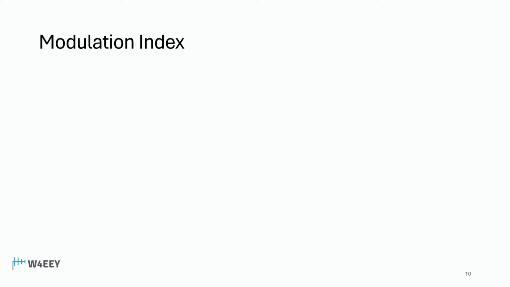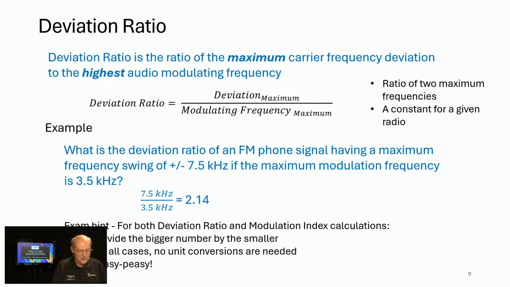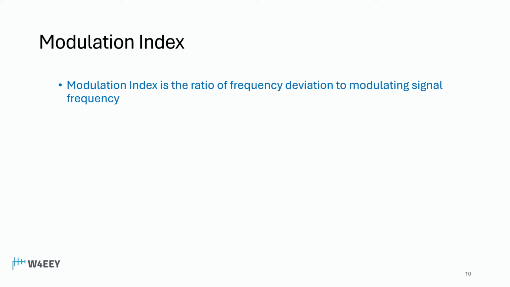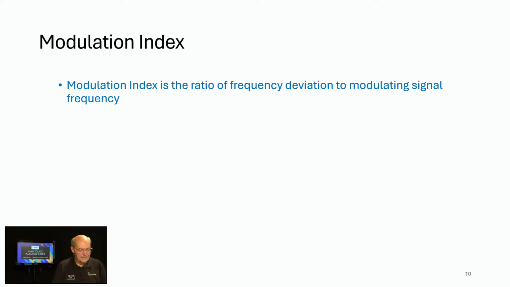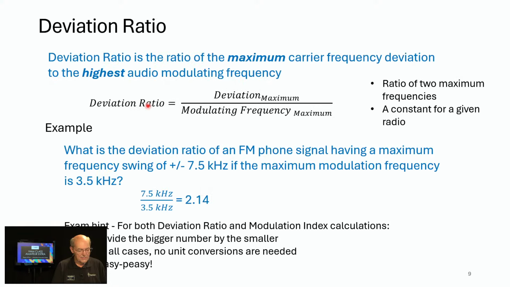So we just looked at deviation ratio. Let's have a look at modulation index, the other technical thing we're going to be looking at related to FM. Modulation index is the ratio of frequency deviation to modulating signal frequency. Now, this sounds very similar to what we just saw, but there's something missing. Let me flip back.